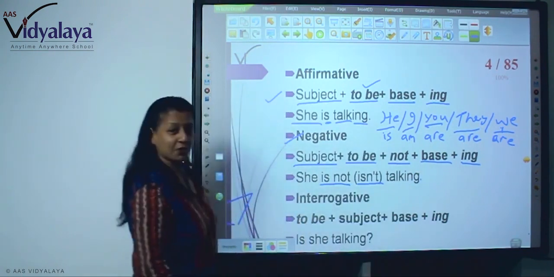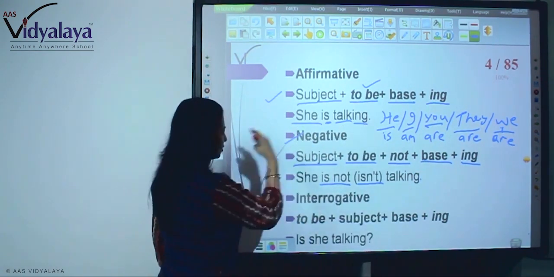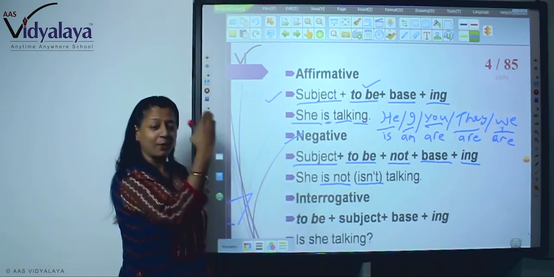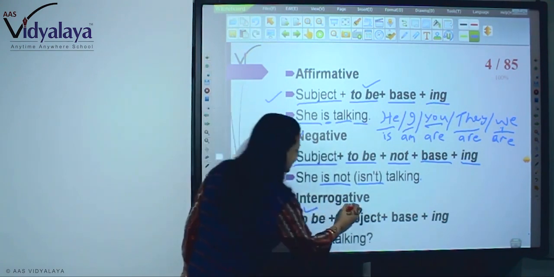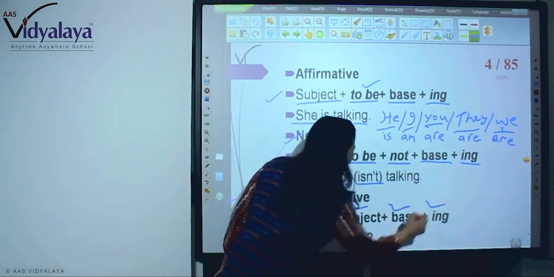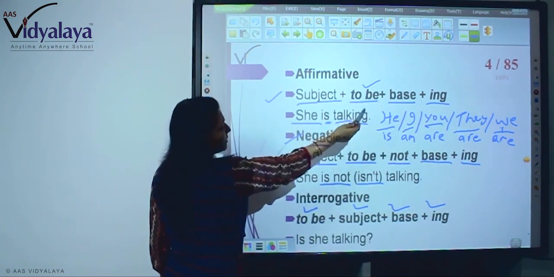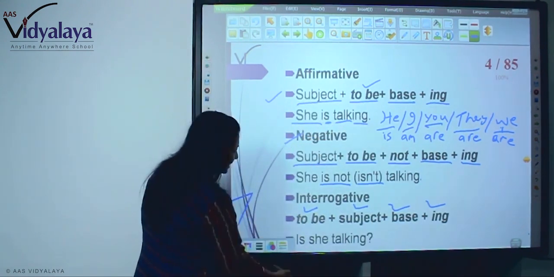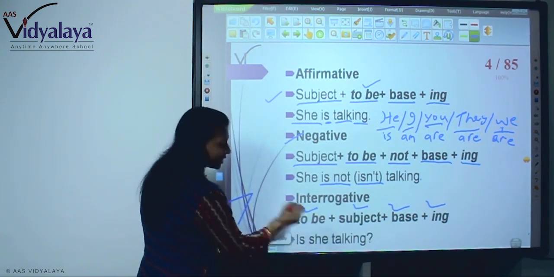Next, interrogative. How to make interrogative? All these auxiliaries you will have to put first. See here, to be first, then subject, then base, then ing. Everywhere else subject was first, then to be plus base plus ing. Here there is a variation. To be will be first. Is she talking?